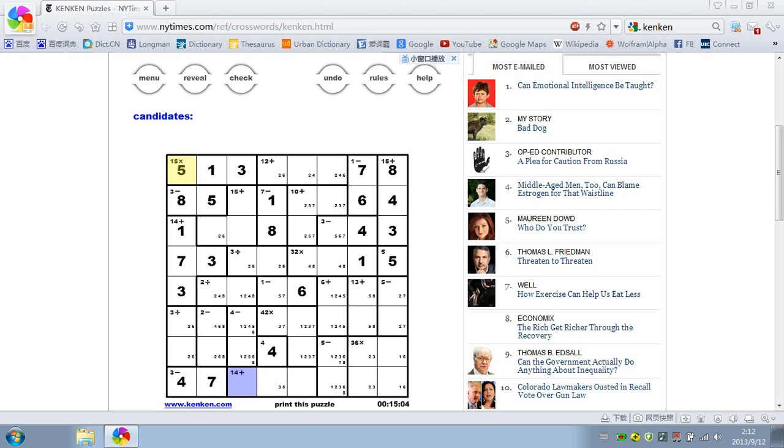Seven, which means seven has to appear here. And 7 appears here. 7 plus 2 is 9, so we have to have 6 or 2.